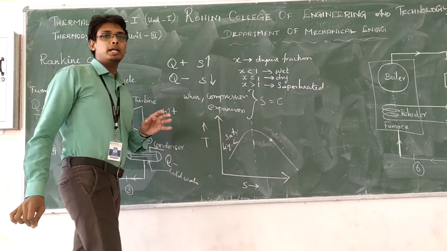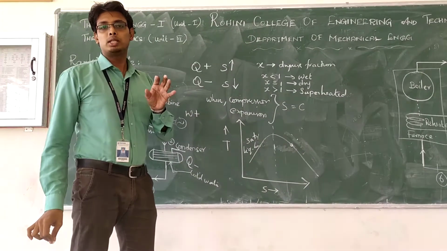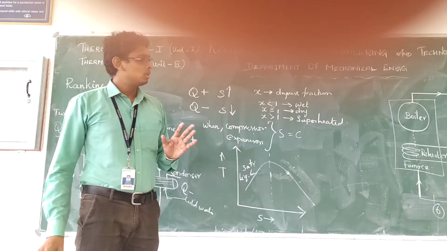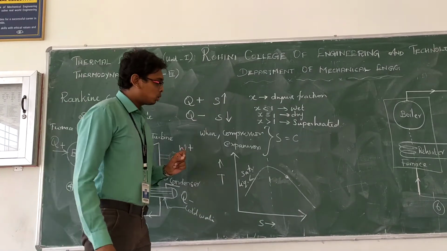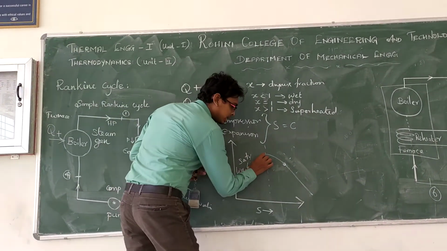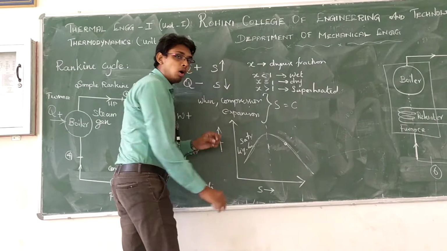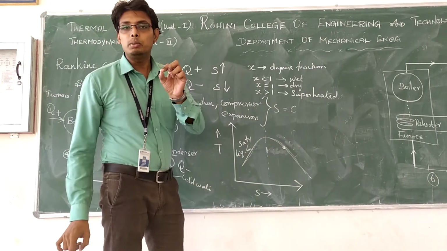So at each and every point of steam, we have to check whether the quality of steam is wet, dry or superheated. So when we are considering this, we have three possibilities. This is actually a saturation line. The point on the saturation line is said to be dry steam.